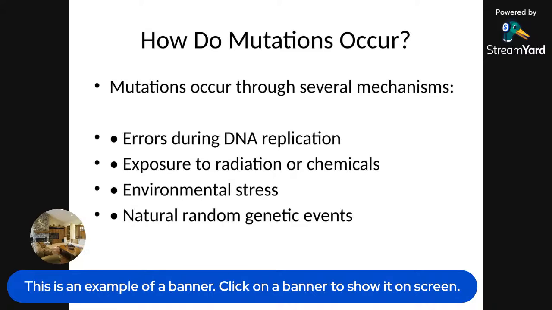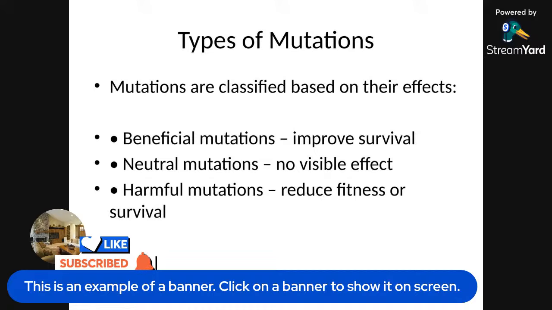So, different types of mutation. Mutations are classified based on their effects. The effect could be beneficial. It could be beneficial to the microorganism, but then it will not be beneficial to humans. The benefit will help the microorganism survive the more, whereas it is going to be toxic or risky to us.